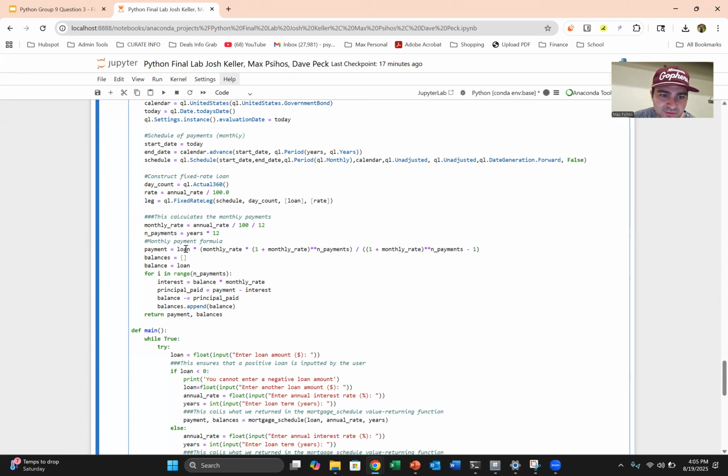Our monthly payment formula is: payment equals the loan amount inputted by the user times the monthly rate, times 1 plus the monthly rate, where the monthly rate is the annual rate divided by 100 divided by 12, raised to the number of payments, which is the number of months after it's converted from years times 12. And then that overall is divided by 1 plus the monthly rate, raised to the overall period, minus 1.